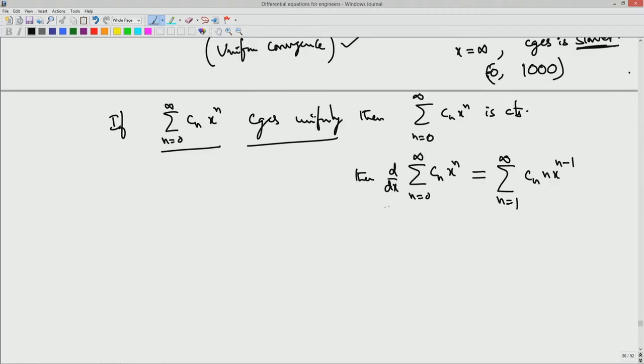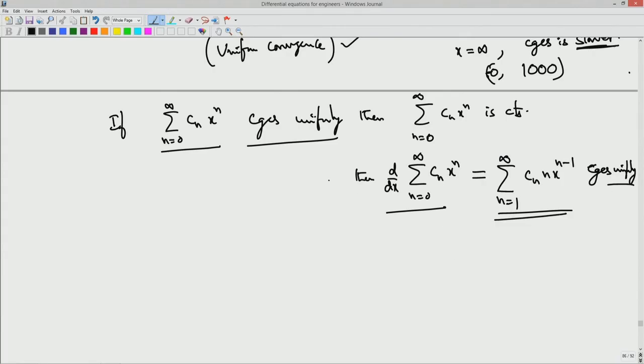If you differentiate term by term, C naught plus C1 x, once you differentiate, C naught will go, so it starts with n from 1 to infinity. This is the derivative, simply term by term differentiation, and this also converges uniformly. This series after differentiation is also converging uniformly.